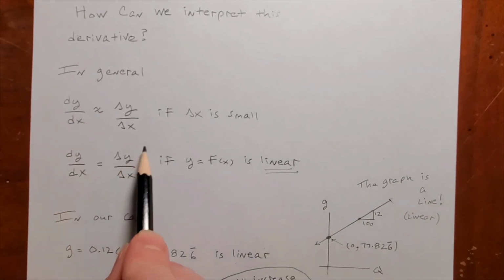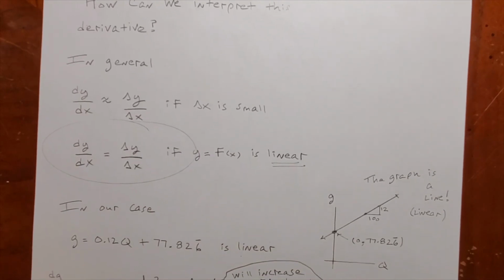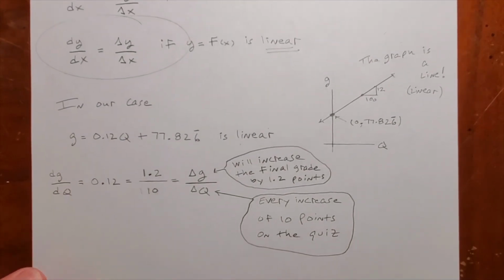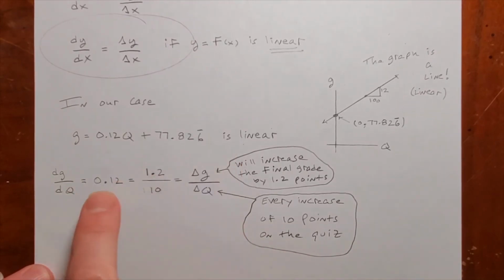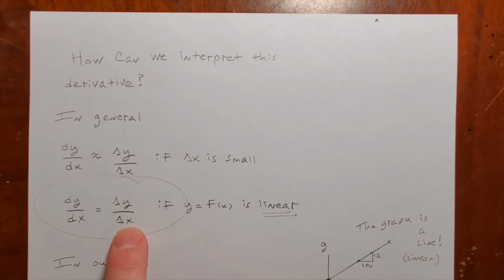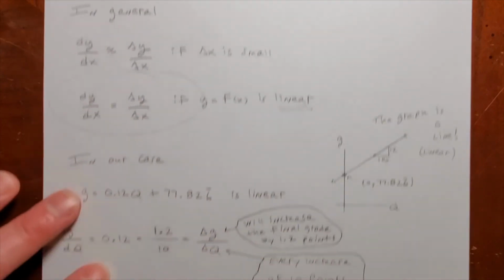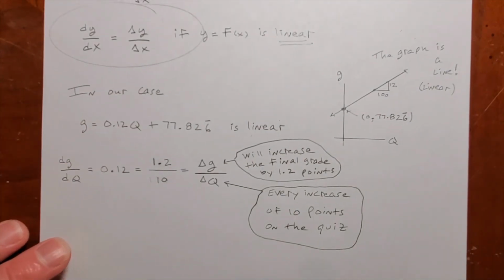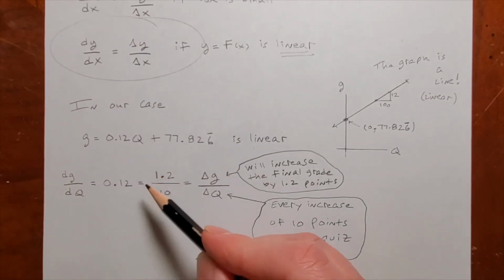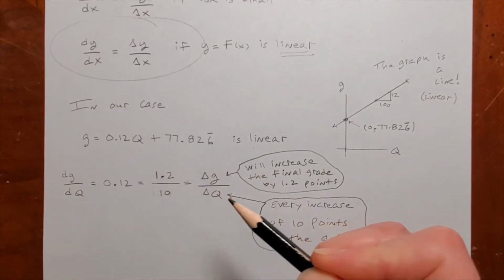Now, think, if you know that, what you could do to interpret this number. Okay? So there's our linear function. Here's our derivative. If the derivative and the average rate of change is the same thing, then doesn't that mean that however you want to divide that up, you could talk about the changes that way?